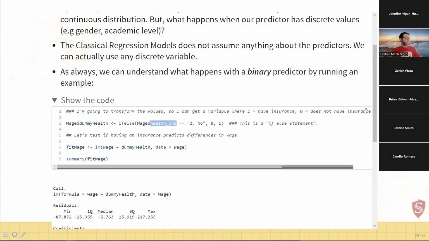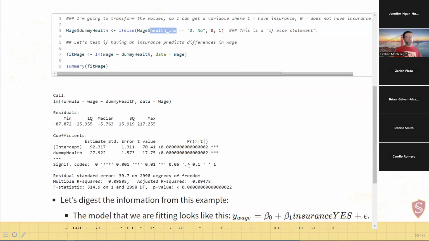So in that data set, there are two groups, right? People who have insurance and people who don't have insurance. So we could ask the question, is the wage dependent on your health insurance status, right? We could think about it and probably we can test it out.